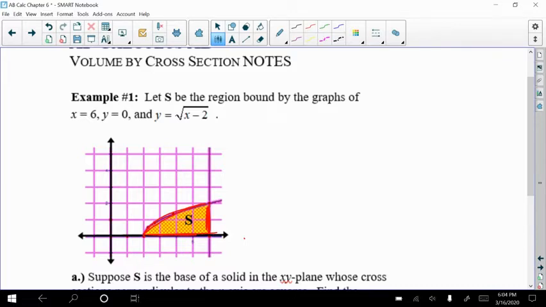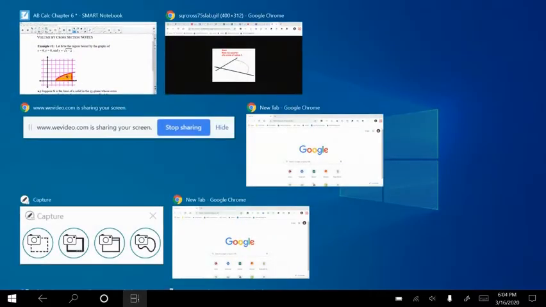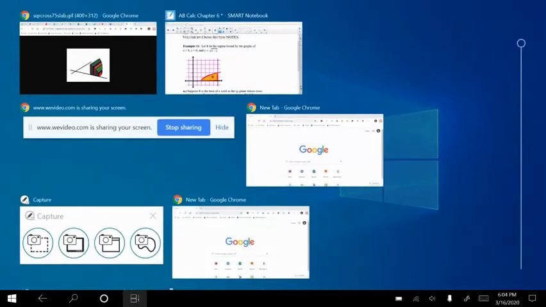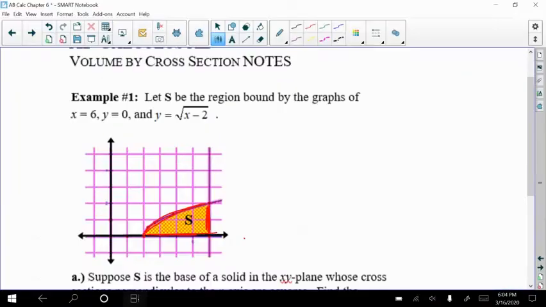If I think about the animation that was over here, that's like that starting graph that's flat that we're going to begin to make these three-dimensional shapes rise above. So we'll go back to here. Now, like I said, you don't have to be an artist.